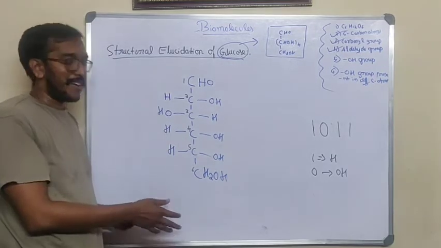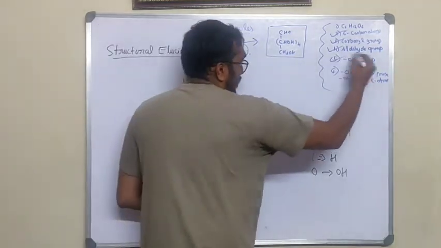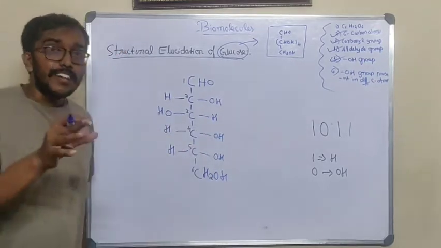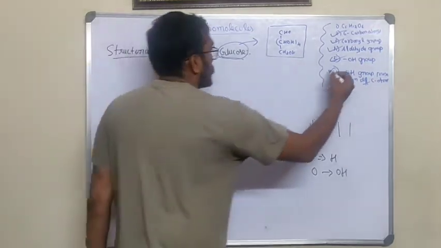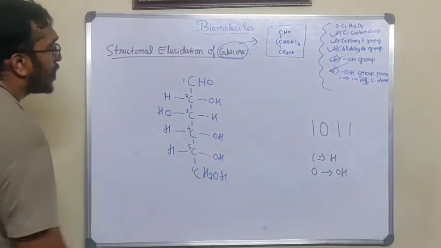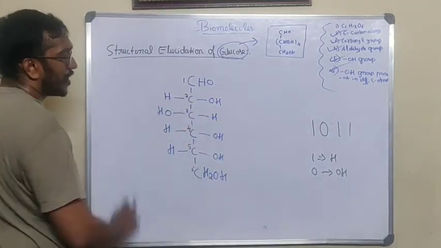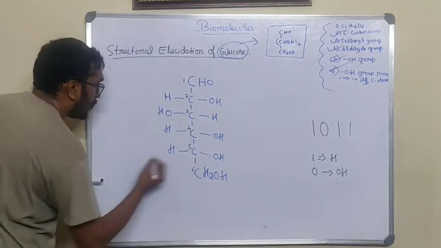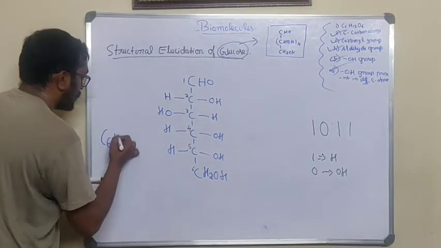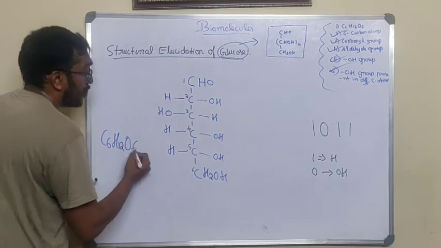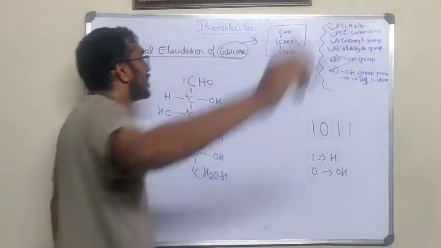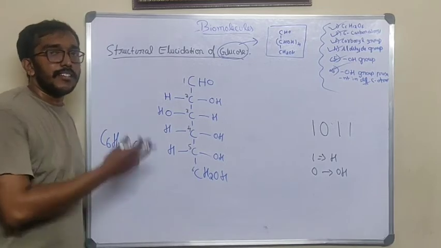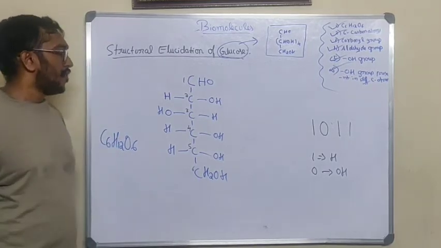So this structure is correct, and all the OH groups are attached to different carbon atoms. If we count the carbon, hydrogen and oxygen atoms, the molecular formula of glucose will be C6H12O6. So this is the structural elucidation of glucose, and this is the open chain structure of glucose.